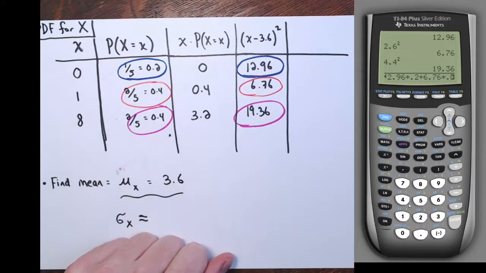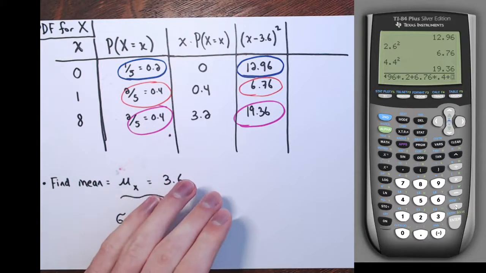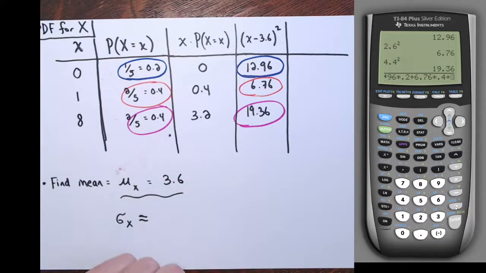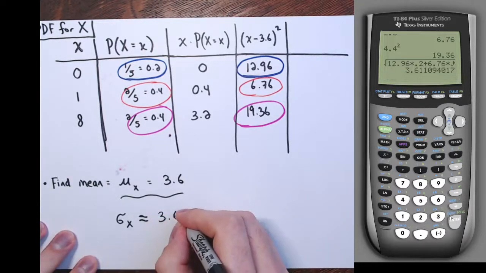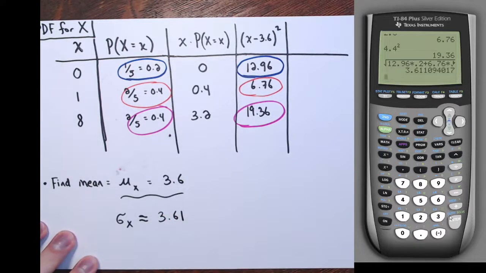Plus, still all underneath the square root, the last squared deviation, 19.36, times its corresponding probability, 0.4 again. And we're getting approximately, if I round to the nearest hundredth, 3.61. Right, rounding to the nearest hundredth. Again, this is what was being asked for, this standard deviation.